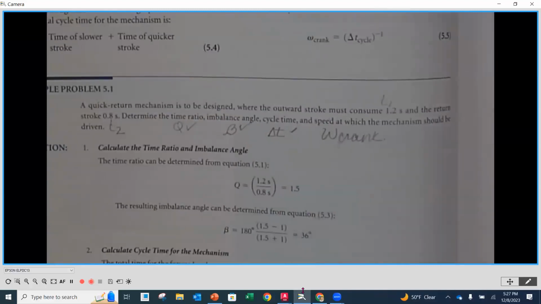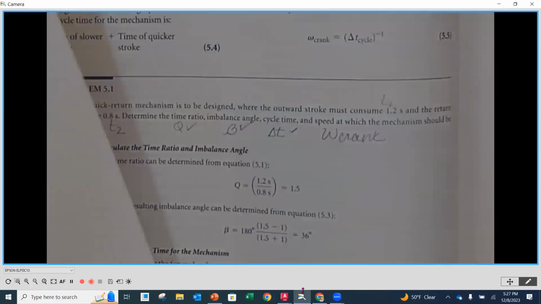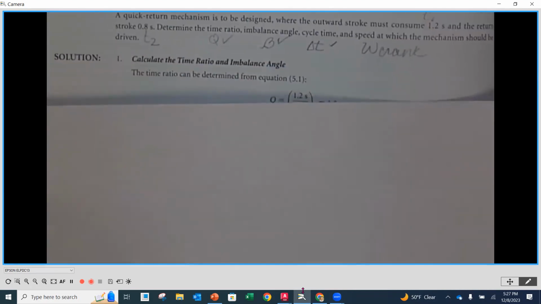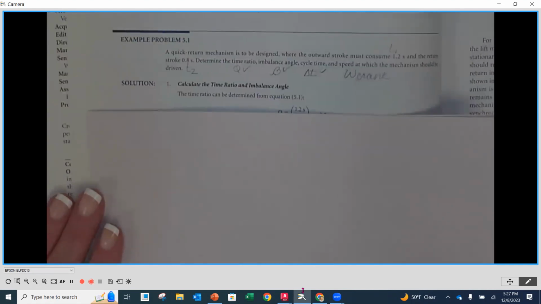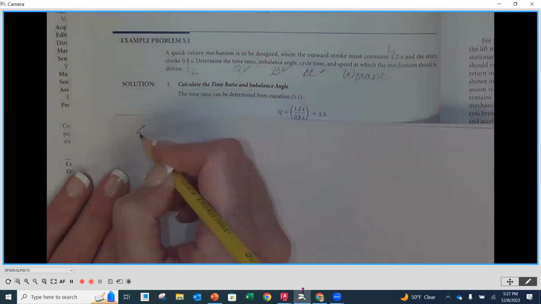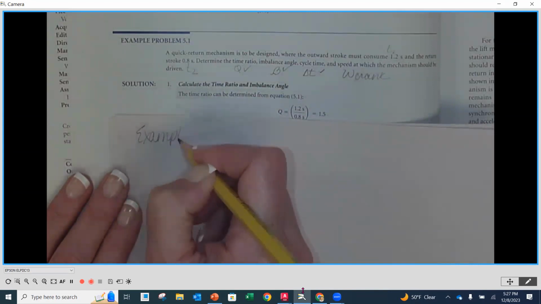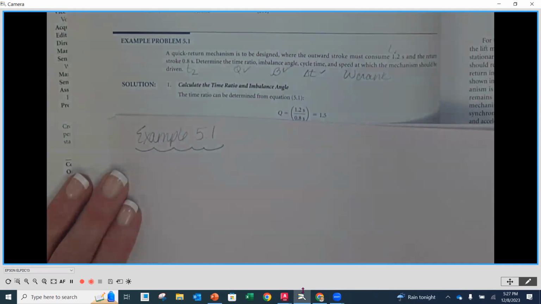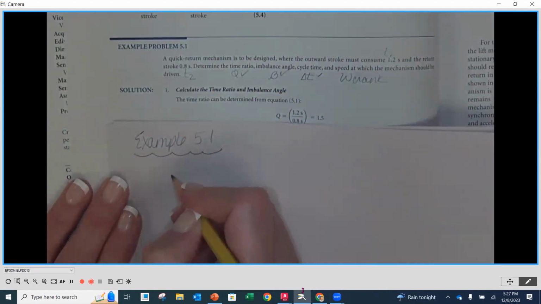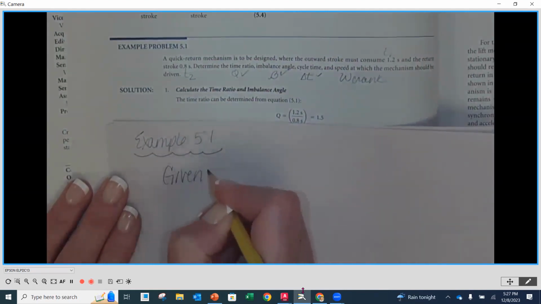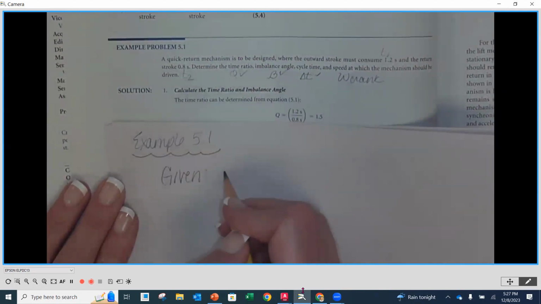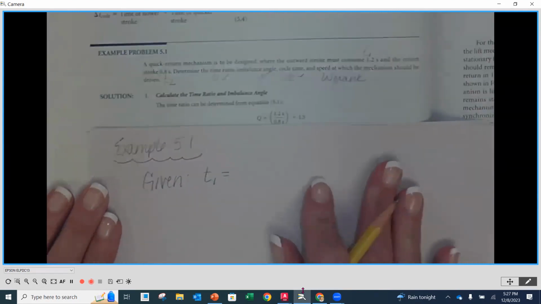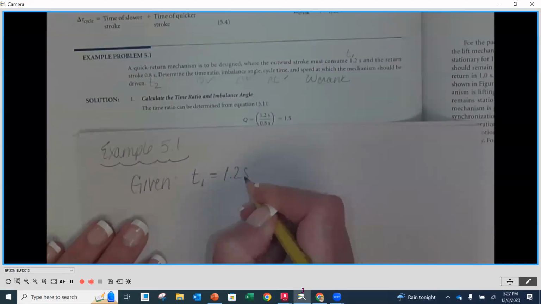Okay. So what we'll do now, I know it's written out here, but as you know, I like to go through this. I think it's more meaningful when we take this step by step and devise our plan. So starting off here, this is example 5.1. And what we're given is our T1, which is 1.2 seconds.